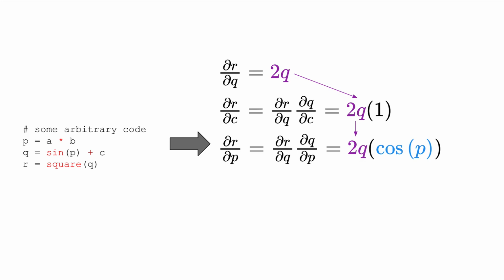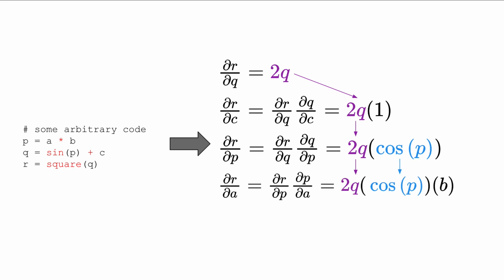We already have dr by dq, which is 2q, and now we compute dq by dp, which in the Pytorch node is already built in. It's the cos function, and we have to pass the input, which is p. So we do the cos of p, and now that cos of p times 2q will give us the partial of r with respect to p.